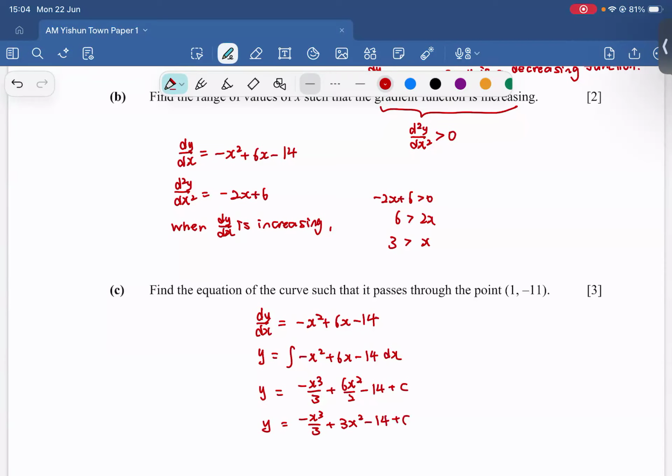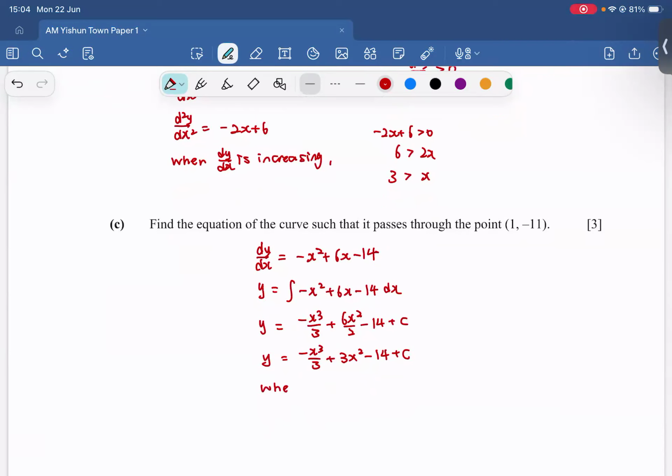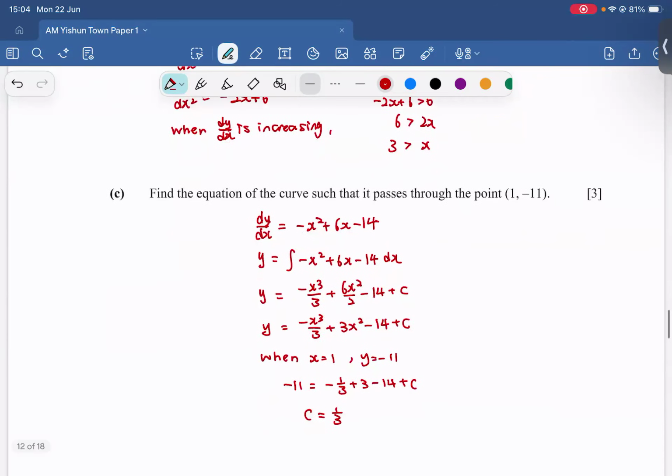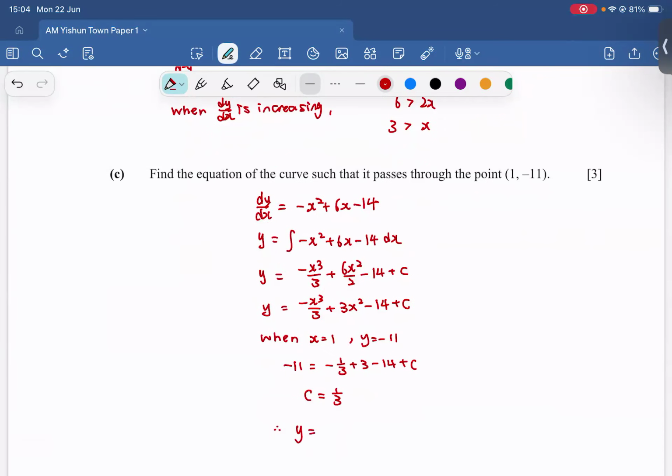And we need to find the plus c. How do we find it? When x is 1. So therefore, the equation is this. Wrong.